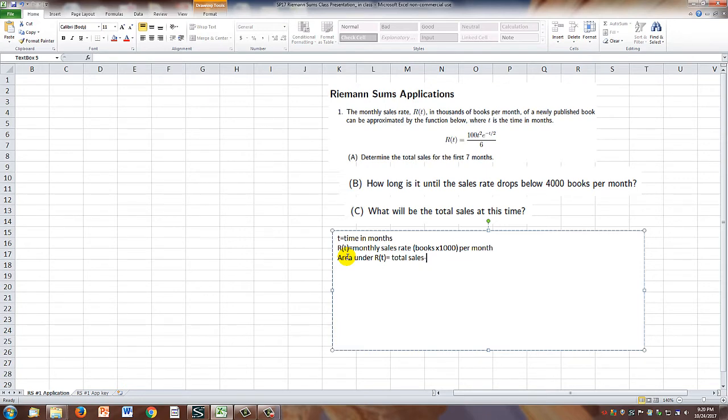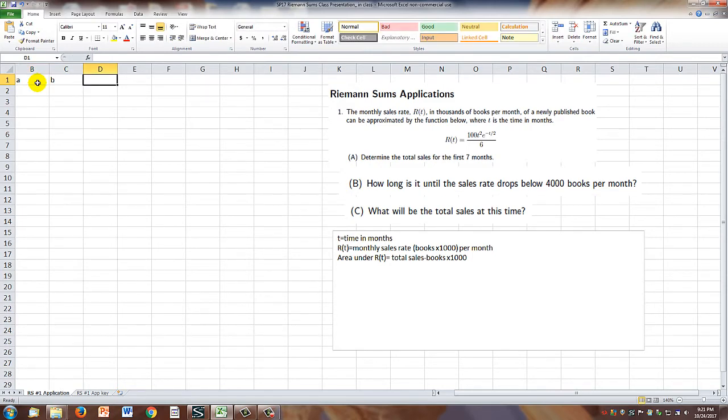The units will be books times 1,000. So this function is a derivative. It's a sales rate. It's an instantaneous rate of change, and we want to find the total sales for the first 7 months. So we're going to be finding the area under the curve, and so we're going to use Riemann sums. Okay, so this up here we'll do part A, and that is to find the total sales by finding the area under the curve.